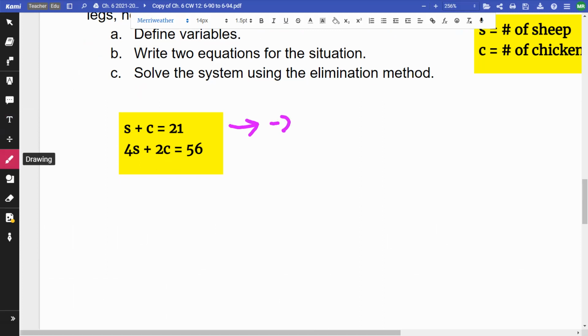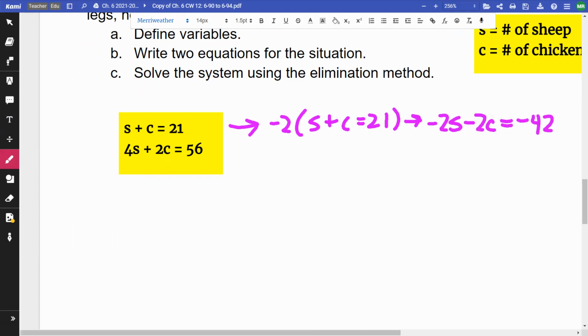So if I multiply S plus C equals 21 by a -2, I would end up getting -2S minus 2C is equal to -42. I'm going to take my second equation and keep it: 4S plus 2C equals 56.